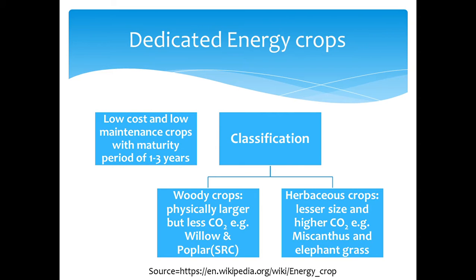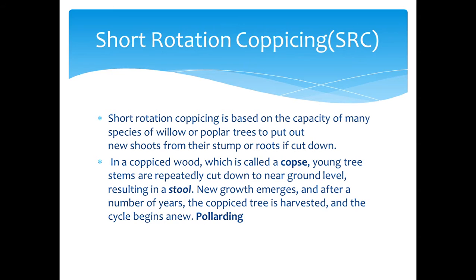The physically larger crops are generally called woody crops, while those with lower size are known as herbaceous crops. An important characteristic of these crops is their carbon dioxide content, which is very detrimental in determining their fuel efficiency when converted into biofuel. Next we have short rotation coppicing.